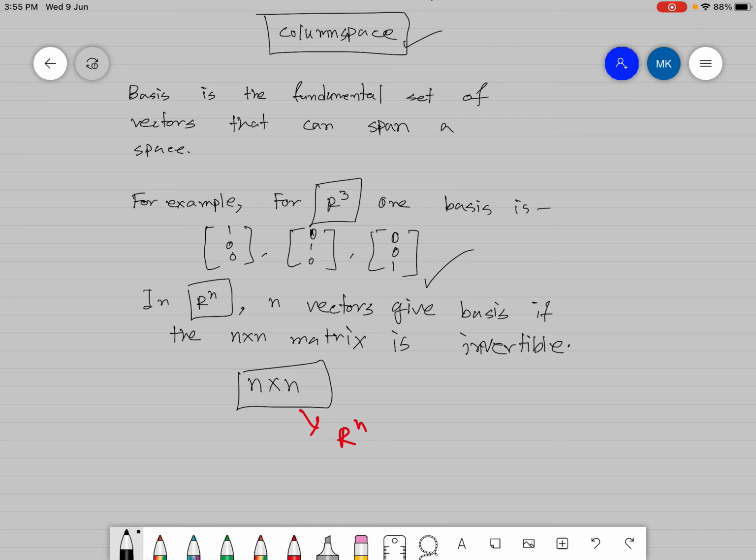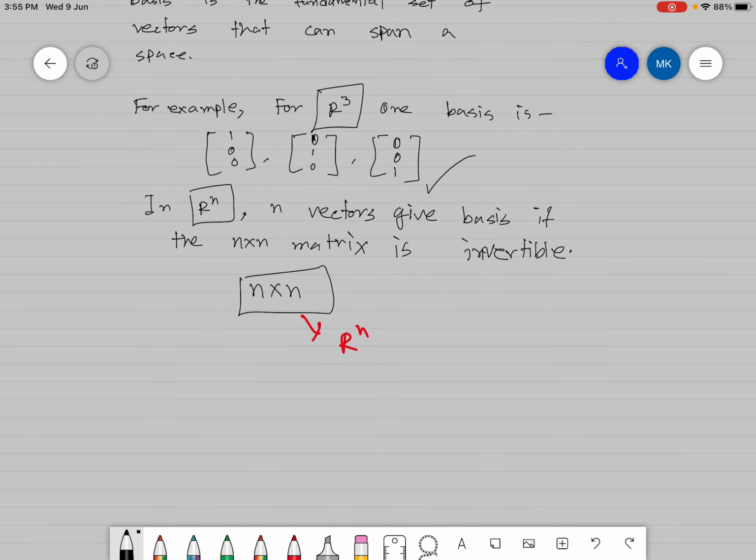To be a basis for a space, you have to have two properties.